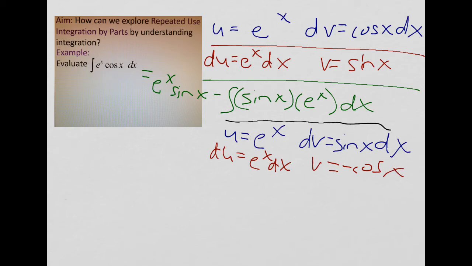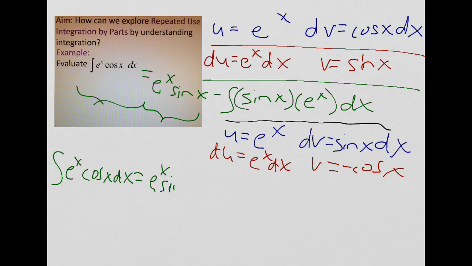All right, so now at this point, we already have this expression here, but we want to keep that it equals our answer. So I'm going to start rewriting this. The integral of e to the x cosine of x dx equals e to the x sine of x minus, here we go, our new uv, so it's going to be negative e to the x cosine of x, because you're multiplying by a negative.